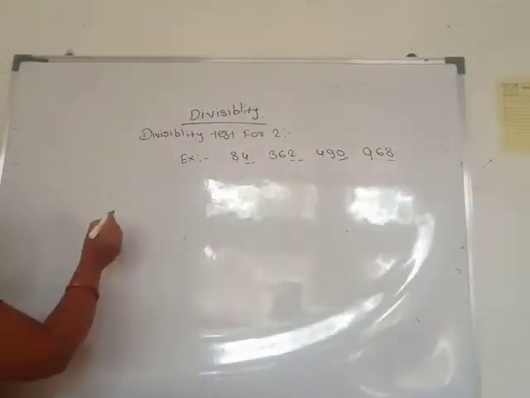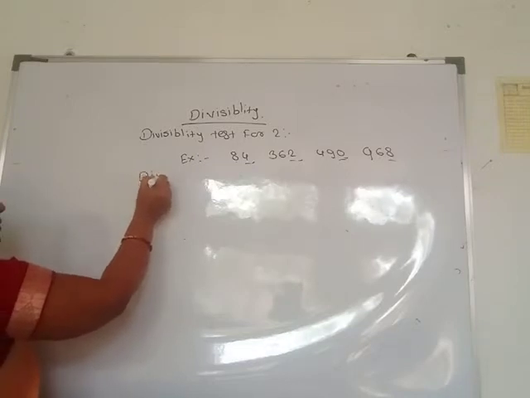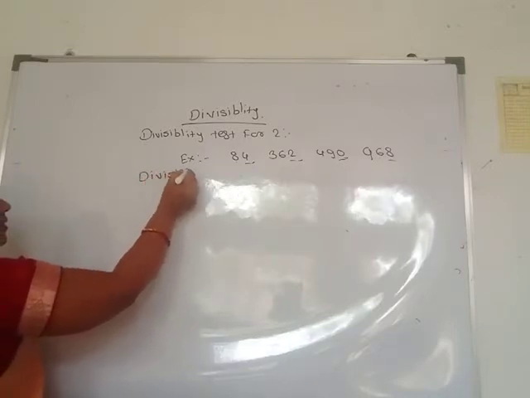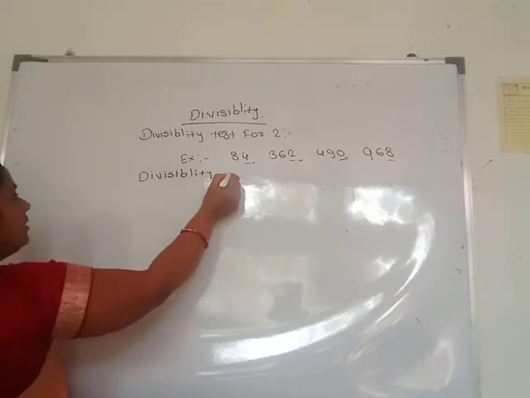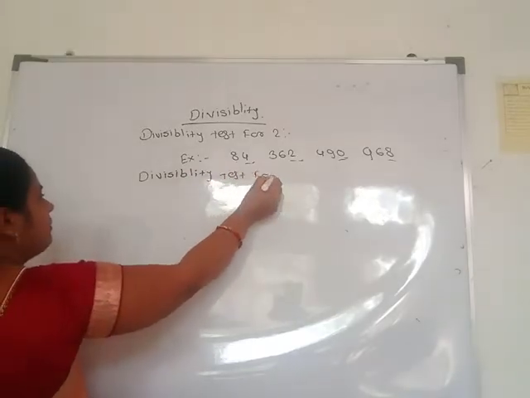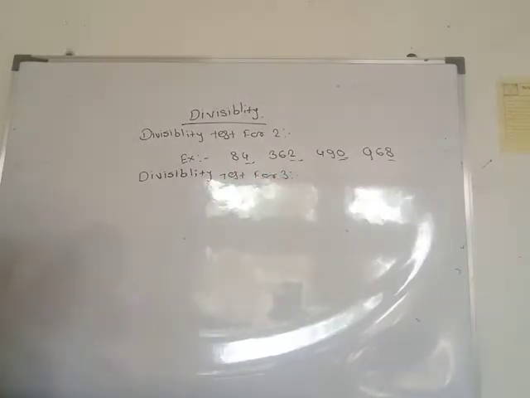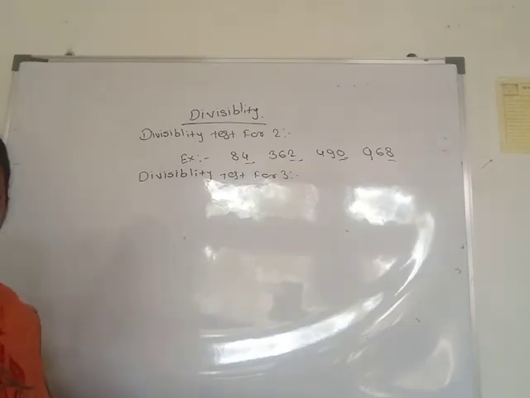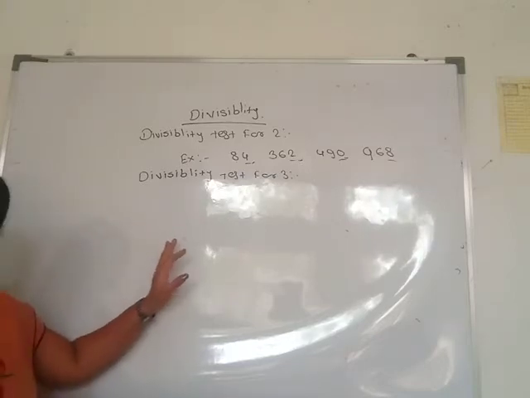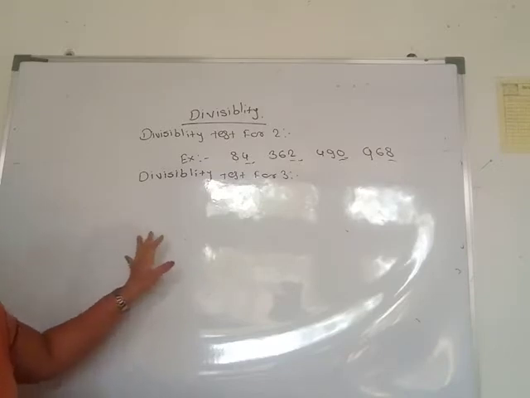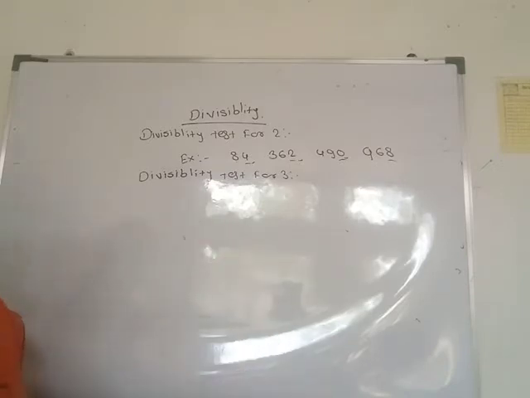Then the divisibility test for 3. If the sum of the digits of a number is divisible by 3, then that whole number is divisible by 3.